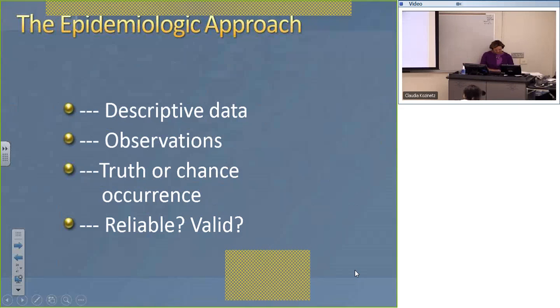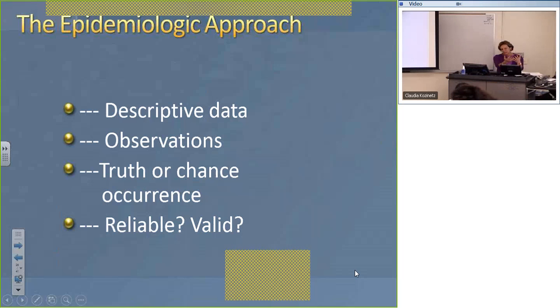So in terms of the epidemiologic approach, we start with data, and it's usually descriptive data. Descriptive data provides us information that allows us to begin to formulate a research question or a hypothesis. As we look at our descriptive data and make our observations, we begin to formulate potential patterns that allow us to begin with very simple questions.